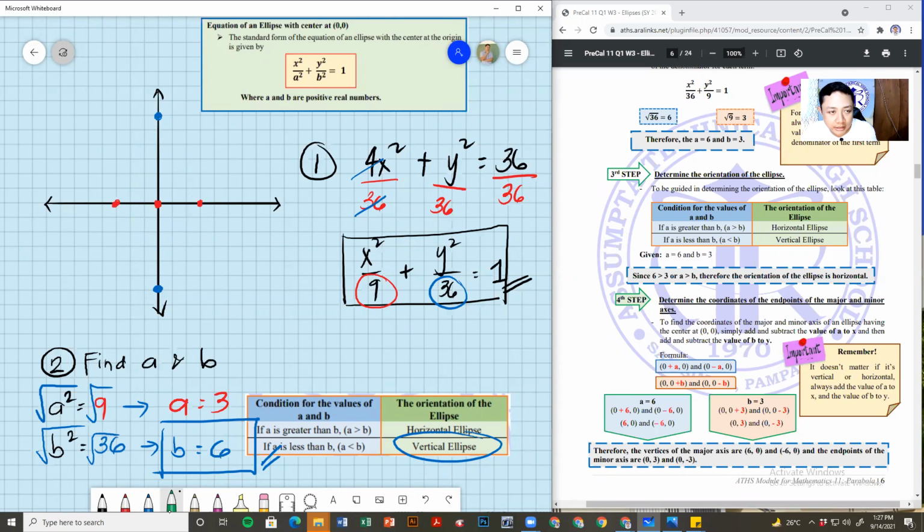So gently move your pen, connecting the different points: the vertex, the co-vertex, and then the vertex. Sorry for the not so straight movement or not so beautiful drawing, but this is the illustration of our ellipse. The next thing to do is to identify the coordinates.